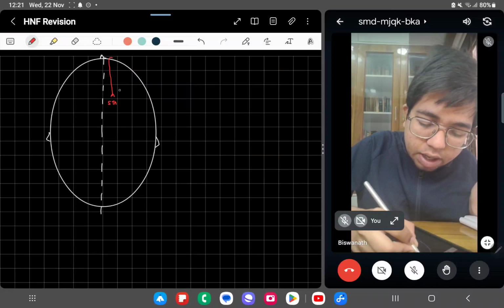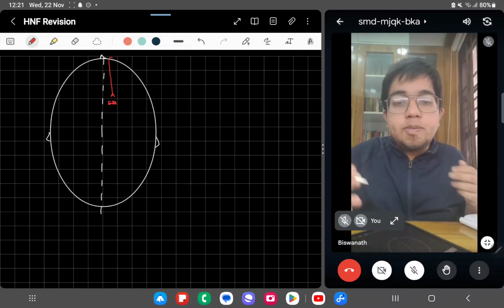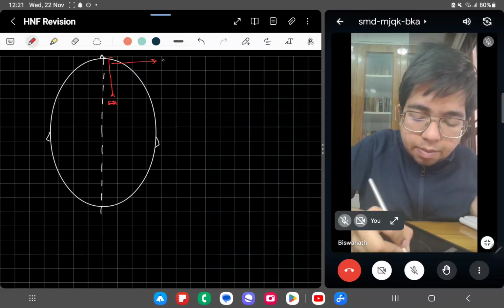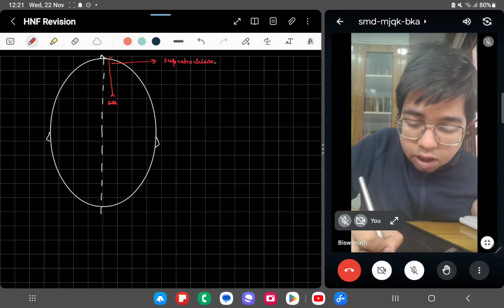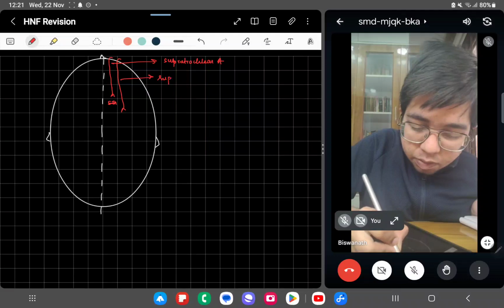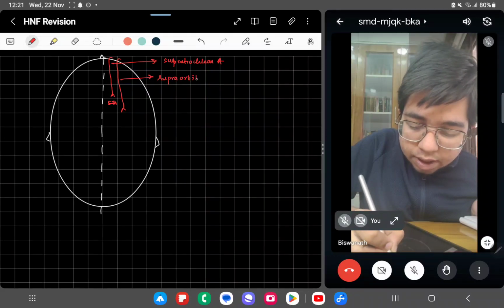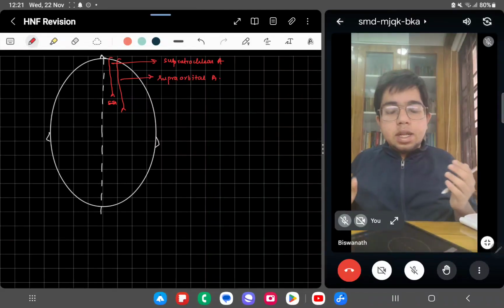Just don't write ST, it will be confused with the superficial temporal artery. So I'm labeling the supratrochlear artery, and then we have our supraorbital artery.